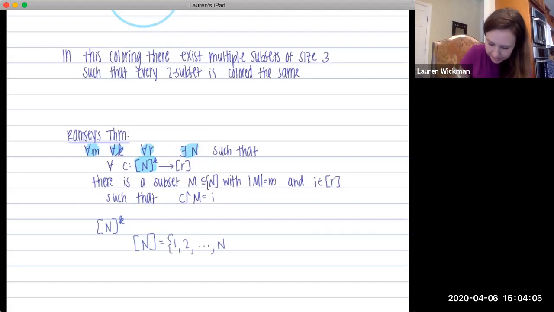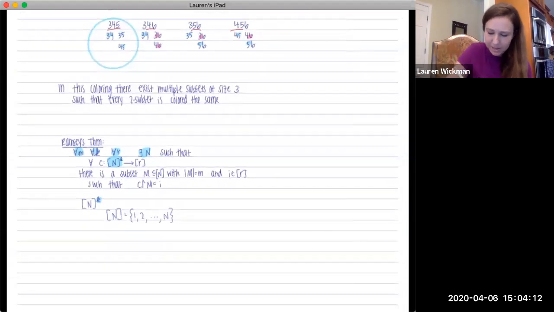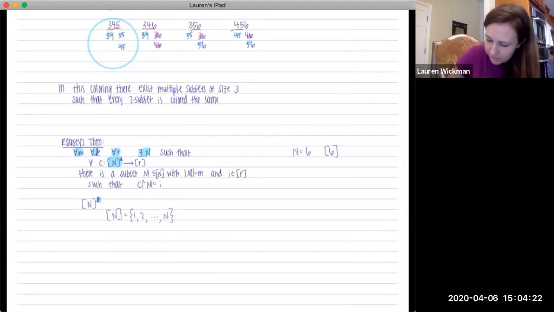That's this set. And by putting the little k up here, that just means the k subsets. So in the example we were looking at, n was 6, and we're looking at a coloring on the 2 subsets of 6. So we look at a coloring on the 2 subsets of 6, and we just had 2 colors. So our r was 2.